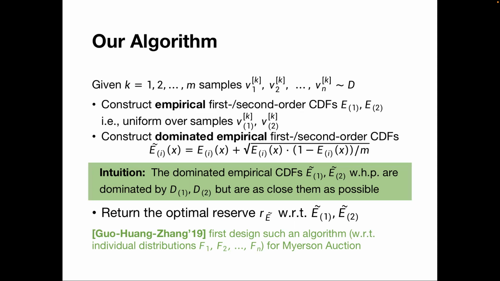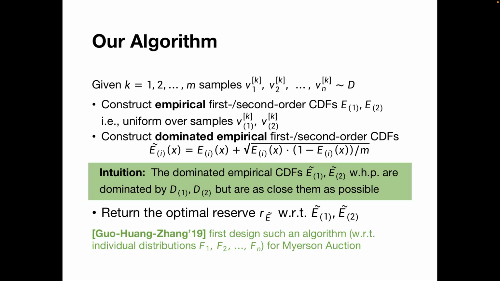And with high probability, they are also dominated by the underlying actual value distributions. But because we shade each of them by a very small amount, the dominated empirical CDFs are very close to the actual CDFs, the actual value distributions.